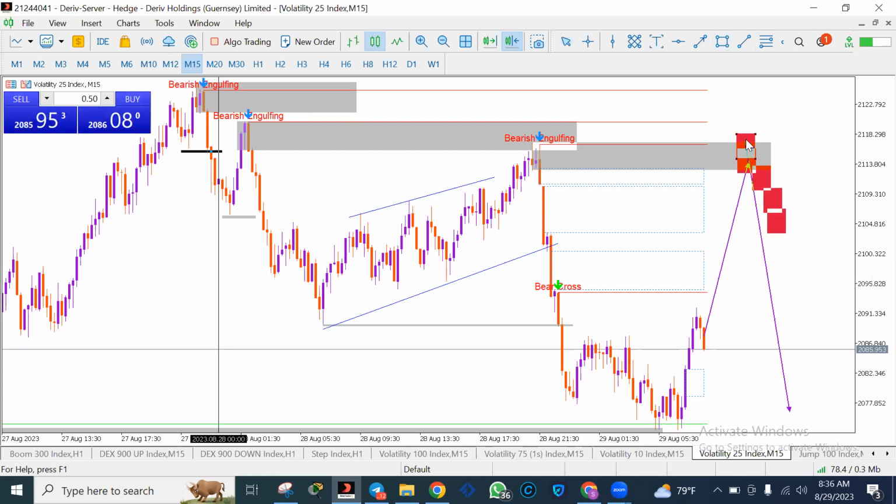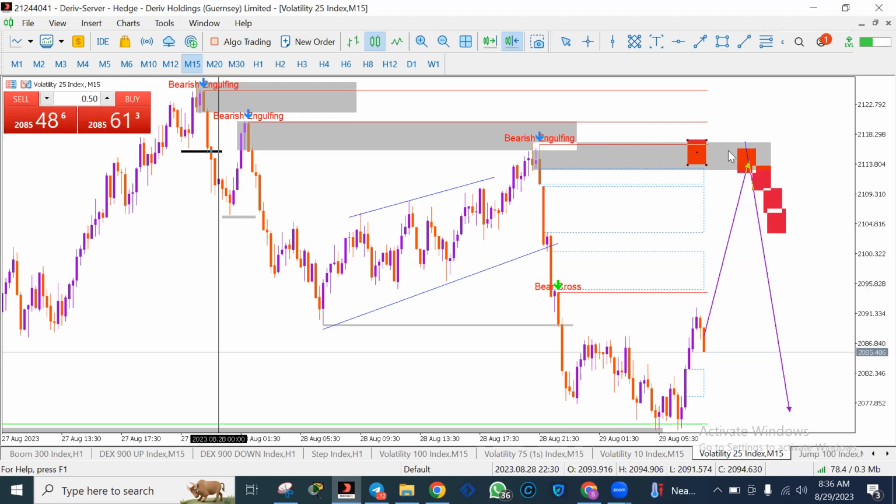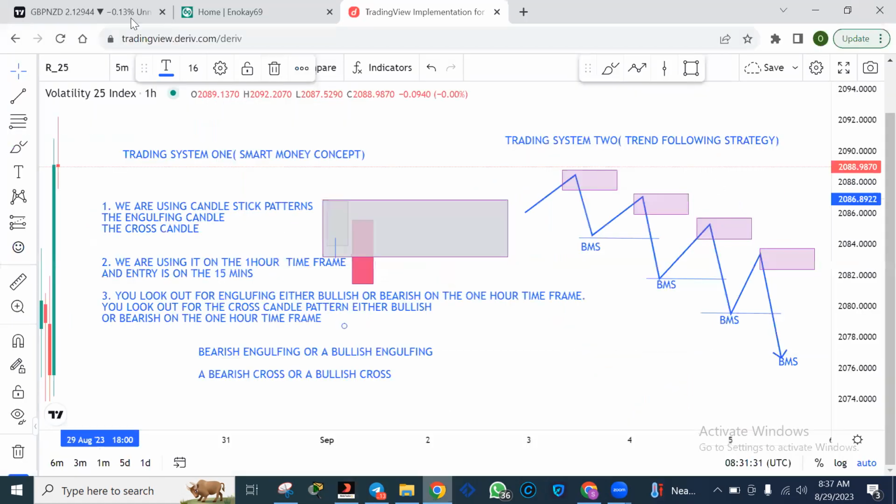But if for any reason the candle goes above the box you have marked, do not enter the trade. Note, do not set pending orders trying to catch snipers, just the way I have on my Forex.